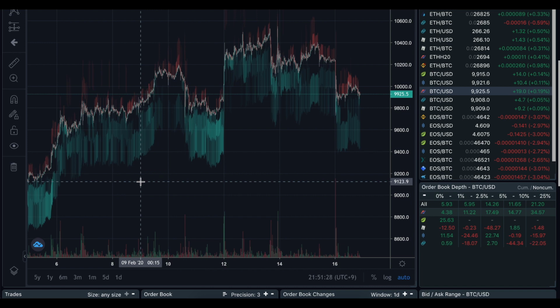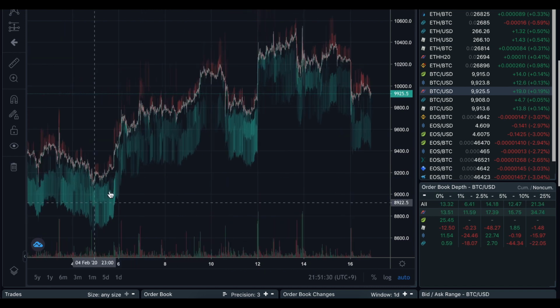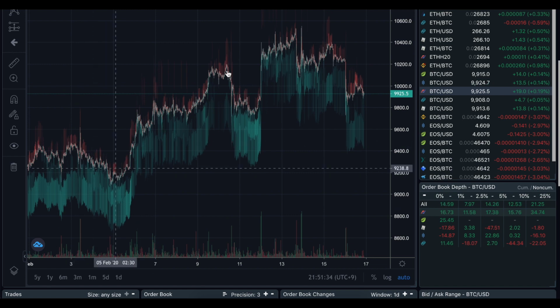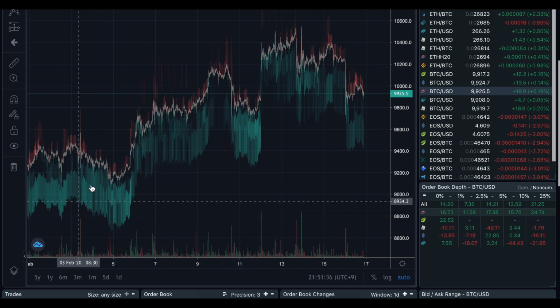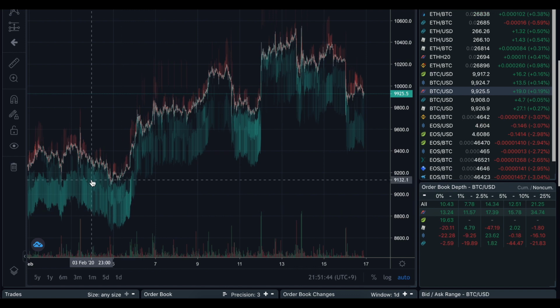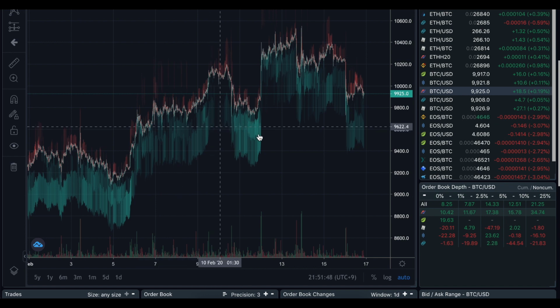Let me explain what you see on the chart. Of course this is the price, and these are green areas, green kind of clouds or shapes here, and red parts above and below the price. You can see that they are changing in terms of position relative to the price and the color.